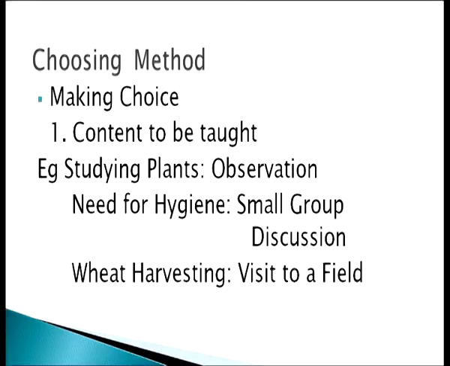Similarly, if I want to know the need of hygiene, then a small group discussion will be an appropriate method wherein children in the classroom will discuss the need of hygiene. In another case, if children want to know how wheat reaches us, in that case a visit to a wheat field is a very good method.